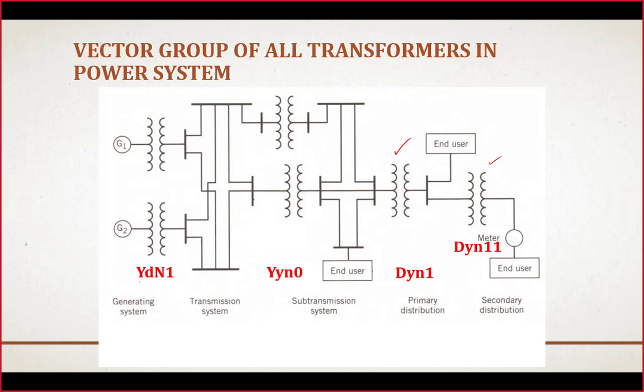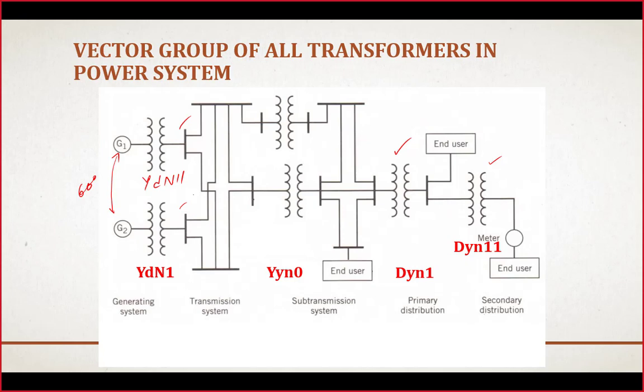For example, this generating station transformer has vector group YD and 1. So this may have YD and 1. If this is the situation, then these two generators, their phase will be 60 degrees out from each other. But on the other side, these 2 points will be exactly in sync with each other.